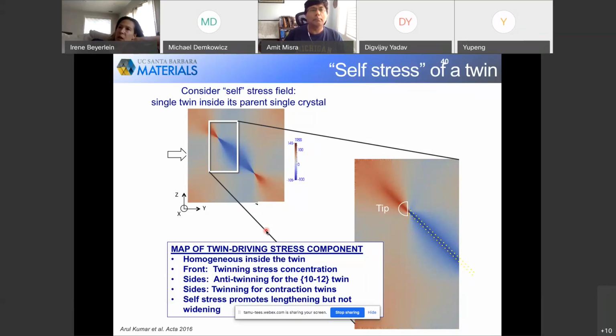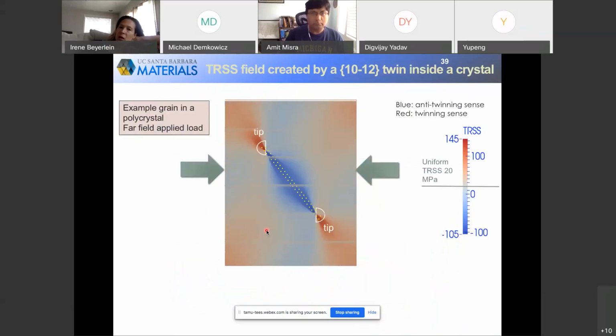So one is that this twin region here will reorient the crystal. And another is that when the twin forms, it introduces a boundary.